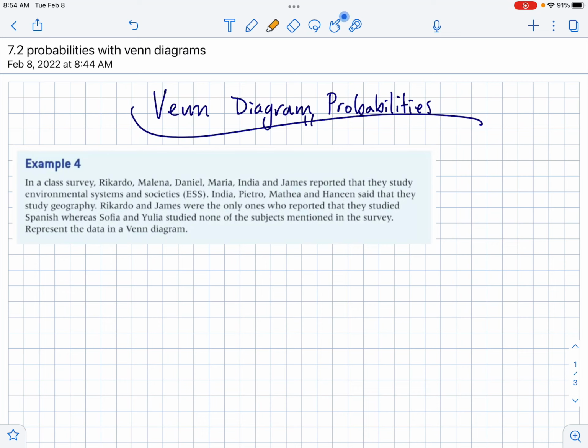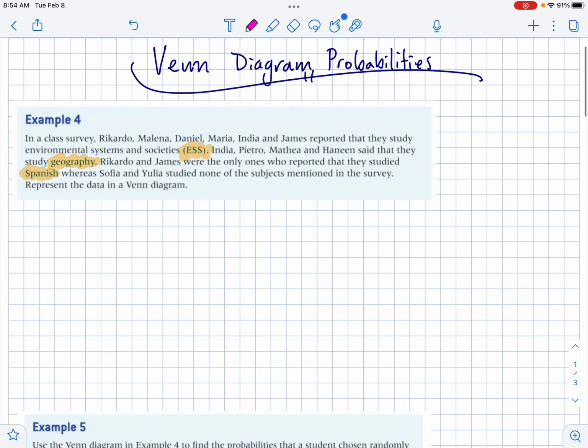Okay, when I read through this, I see that we have three classes going on. We've got the ESS class, geography, and Spanish. So the way you can make a Venn diagram for this is to start with a rectangle.